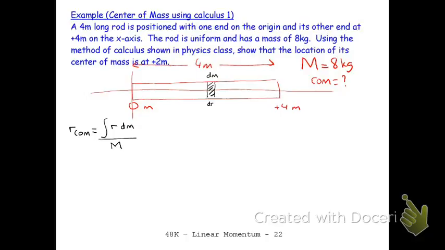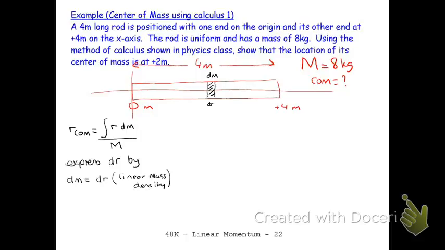So what I say is express dm in terms of dr, and you're going to use some physics, and you're going to say dm is equal to dr times the linear mass density. Now you know about density, it's mass divided by volume.